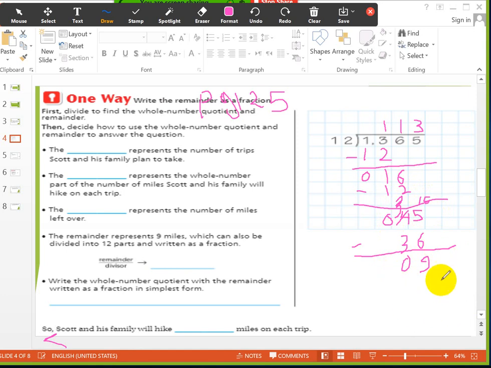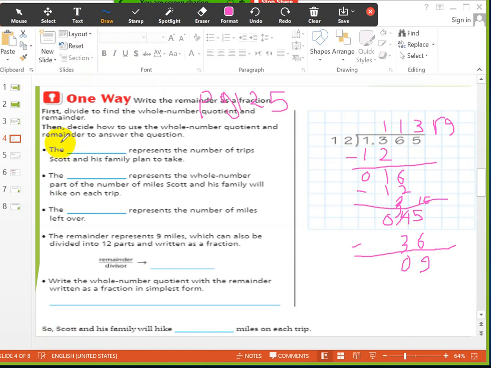Okay? So I have here a remainder. I can divide it 9 on 12. Okay? So I have a remainder right here. But here, let's understand the answer for this problem. First thing I want to understand, in this problem each number describe what?